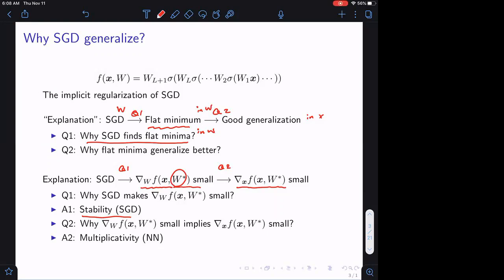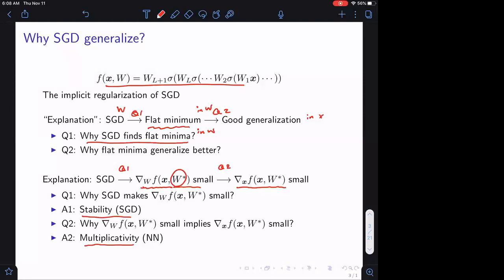Now to answer the second question, what plays a big role is the multiplicative structure of the neural network. If your model function has a so-called multiplicative structure, which I will make more precise in the next slide, then I can transform the bound on the W derivative to a bound on the X derivative.